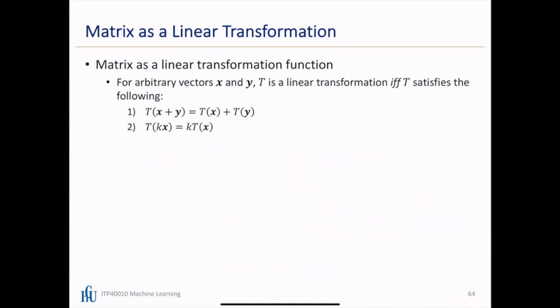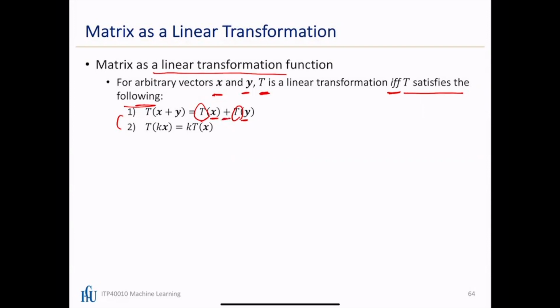And as a background, let's try to understand the property: what is a linear transformation? The linear transformation can be defined like this. For arbitrary vectors x and y, there is a transformation T. If and only if T satisfies these two conditions, then we say T is a linear transformation. What is happening in the condition: you have two vectors, and individually you apply the transformation, and you take the sum.